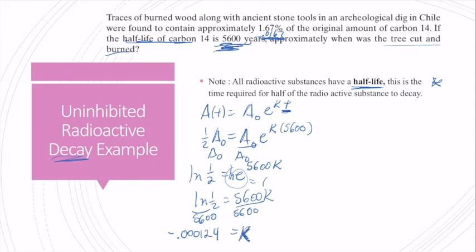But now that I have my k, I can solve for when I have 0.0167 of the original amount of carbon-14. So I have 0.0167 A naught equals A naught times e to the negative 0.000124t. So I divide both sides by A naught.